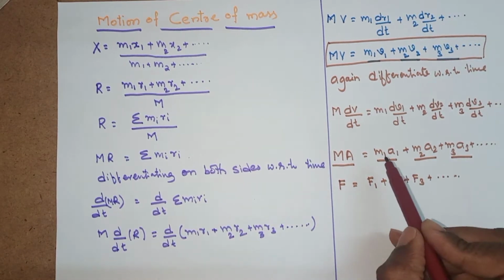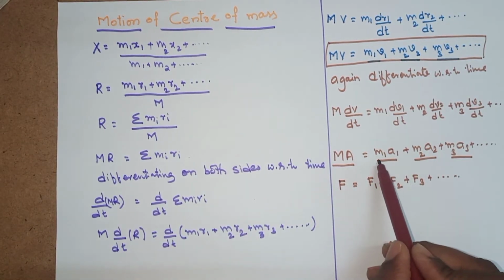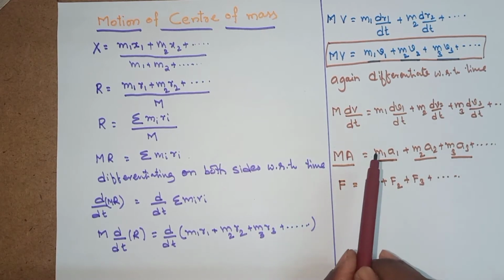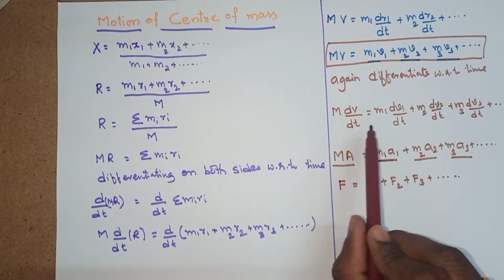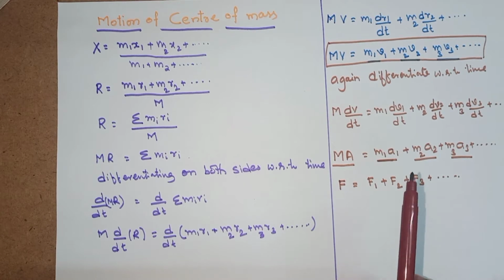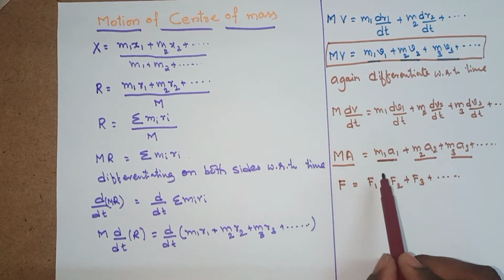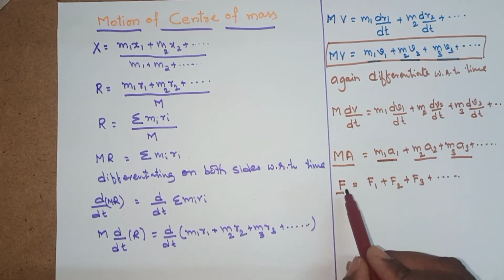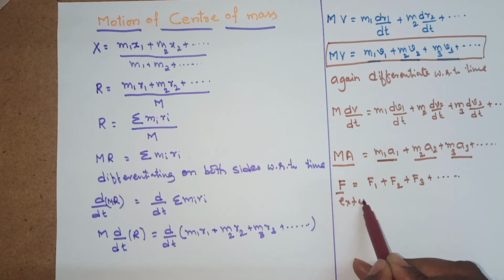Here the force acting on the first particle is not only a single force; the force acting on the second particle is also included. So this is completely the force which is acted on externally.